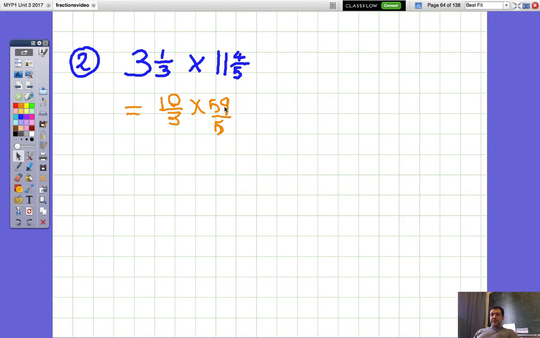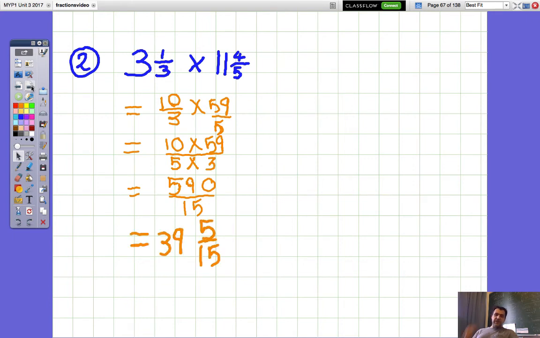So that's 59 over 5. Top times top, bottom times bottom. For some reason they've switched the 5 and the 3, but 5 times 3, 3 times 5, same. Comes to 590 over 15, which simplifies to 39 and 5/15, which is the same as 39 and 1/3.